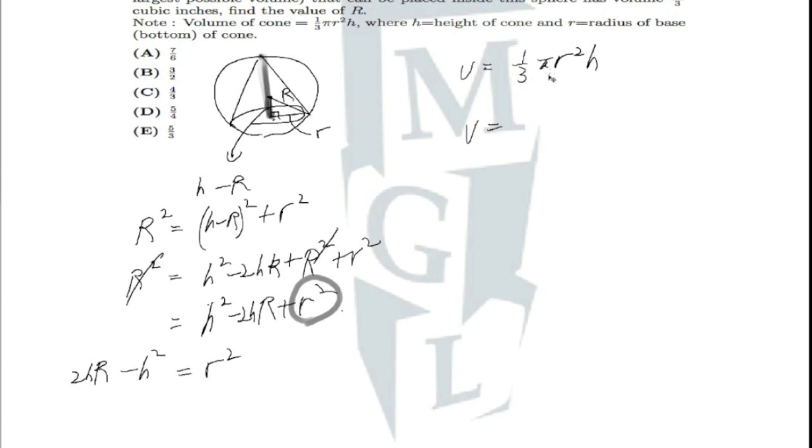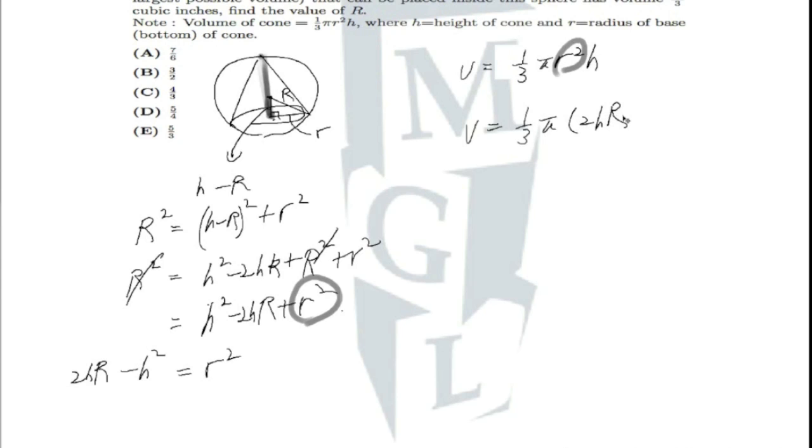So if I replace that with this, I get an equation of the volume all in terms of one variable, height. Now keep in mind that the big R, we're assuming that sphere is a fixed volume. Given the fixed volume of the sphere, we're changing the radius and the height.